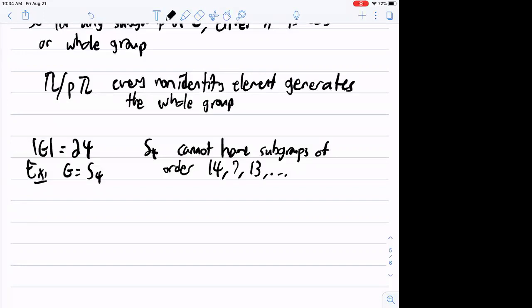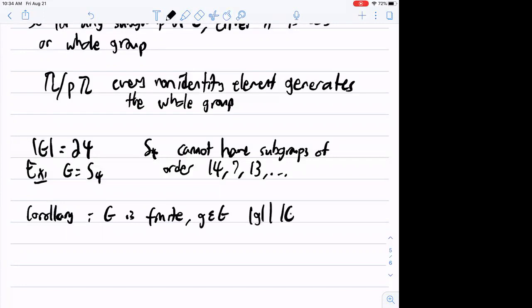Now a corollary of this is: if G is finite and g is in G, then the order of the element divides the order of G. This is immediate, because what's the order of an element? If it's k, then the subgroup generated by g has order k.